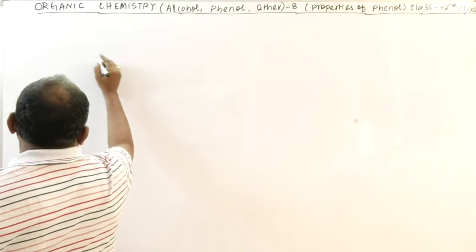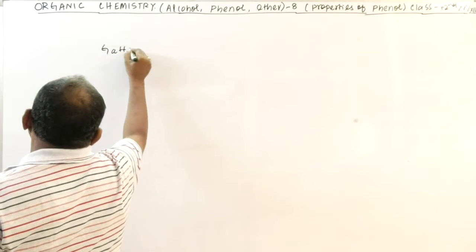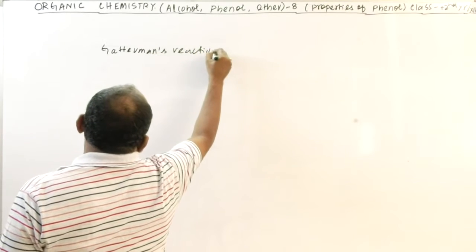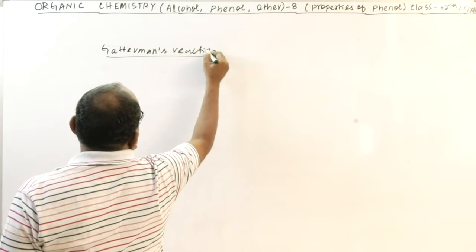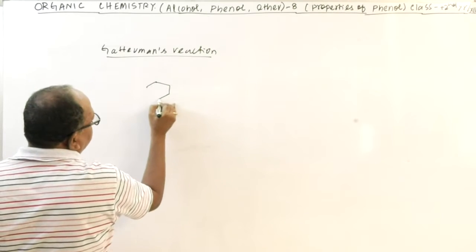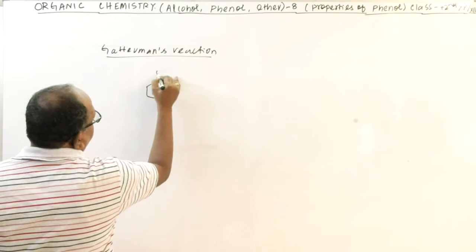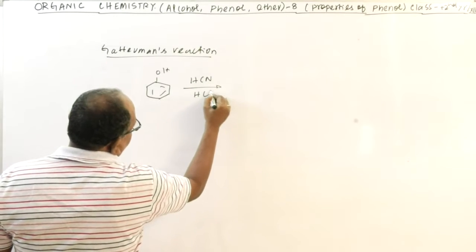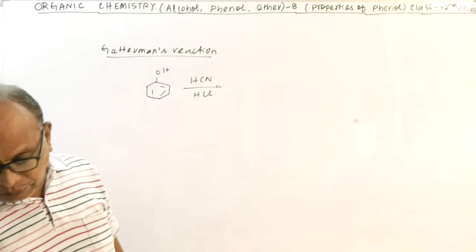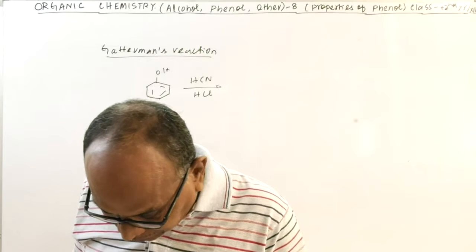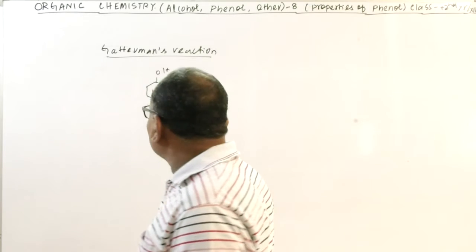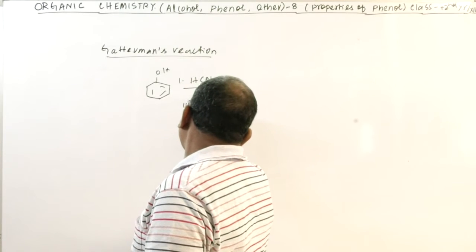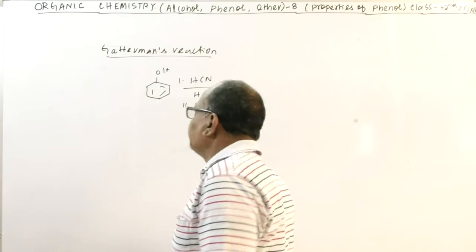In the Gattermann reaction, phenol is treated with HCN in the presence of HCl, then zinc chloride and hydrolysis.